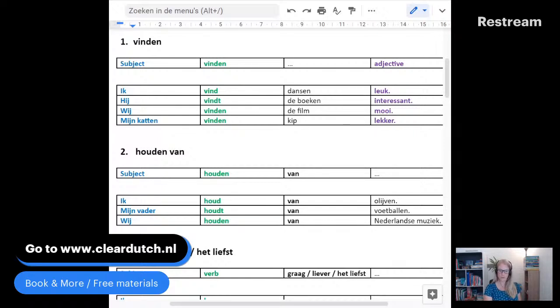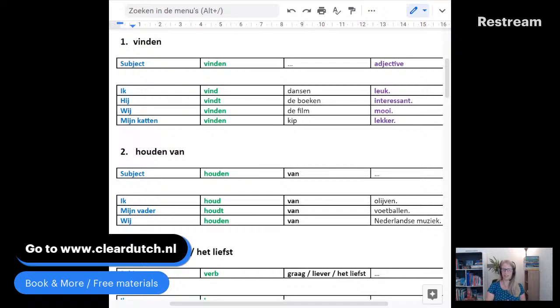Wij houden van Nederlandse muziek. We like or love Dutch music. Be careful if you are putting a person here in the last place. If you say a name or a person, then it actually always means to love in a romantic way.